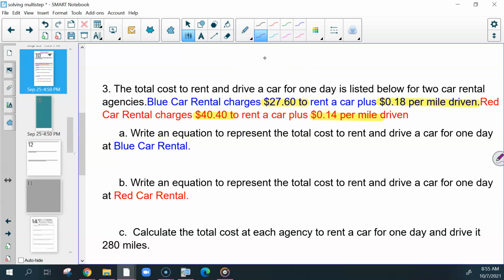Okay. So in this, words like "per mile," "per," and "for each" mean that these two things go together and we're multiplying. Anytime you see the word per or for each, that means to multiply.